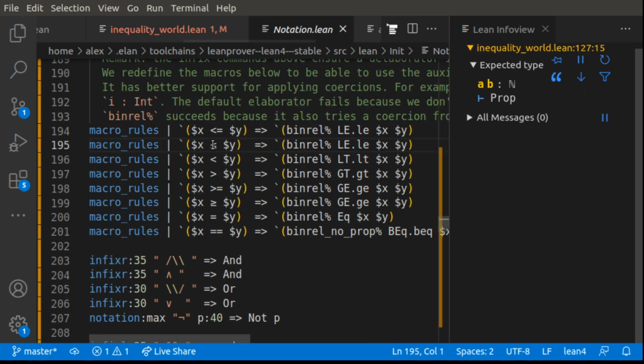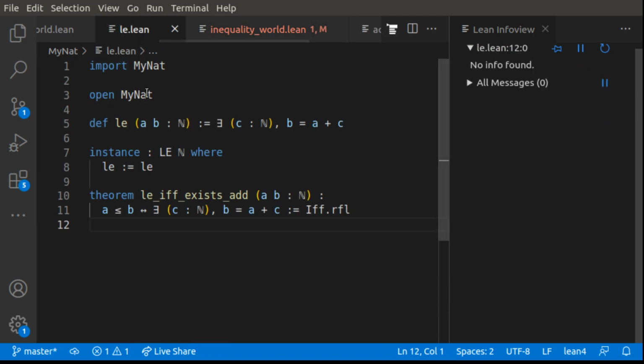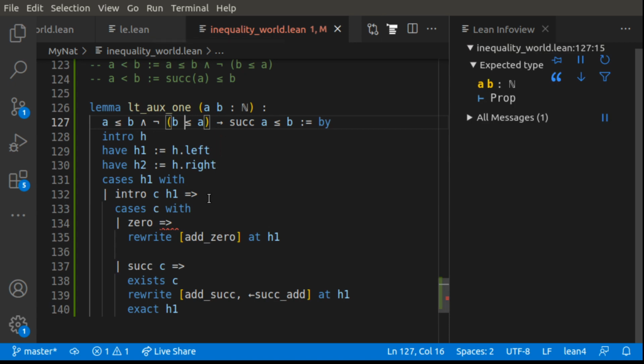Oops. Not that. A equal B plus C. Yeah, let's pretty much do this.